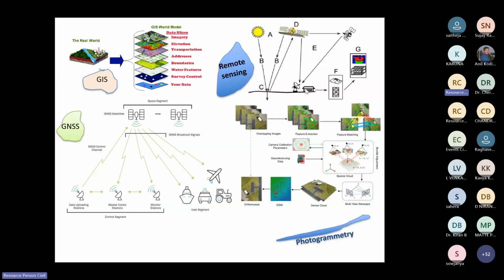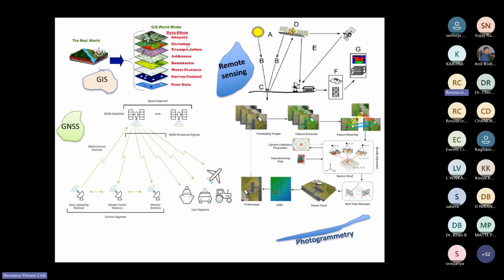Those signals we convert into digital images. So we are using this as the image. These images are very useful to many applications, not only a single application. You can do forest applications, forest fire applications, land use land cover applications, change detection studies, transportation engineering, many studies you can do. This is the core diagram of remote sensing.